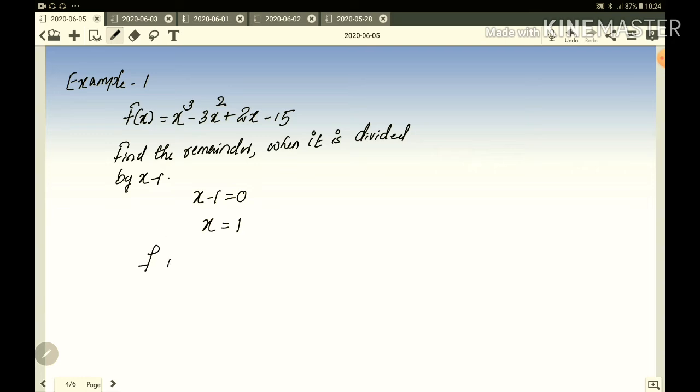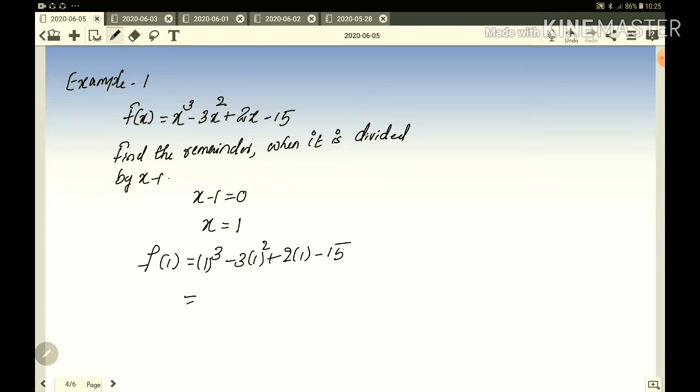That is, f of 1 is equal to 1 cube minus 3 times 1 square plus 2 times 1 minus 15. When you substitute, use a bracket, that will help you a lot. When you do it, you will get the answer minus 15. You can use the calculator or do it one by one, logically, or by mental arithmetic.